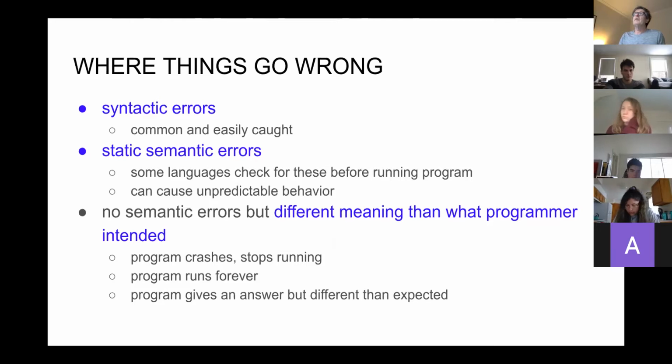And so that's a little bit harder because the program will run, but it's not doing what you want it to do. For example, if you write a program to compute square roots and it doesn't compute the square root, it computes some other number, it's not right. The program runs, it's syntactically and statically semantically correct, but it's not what you want.